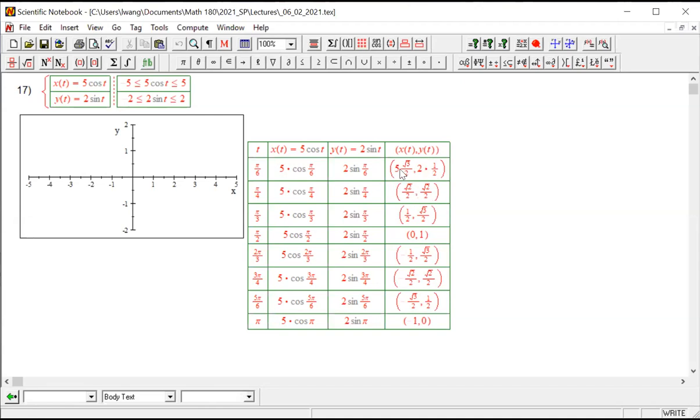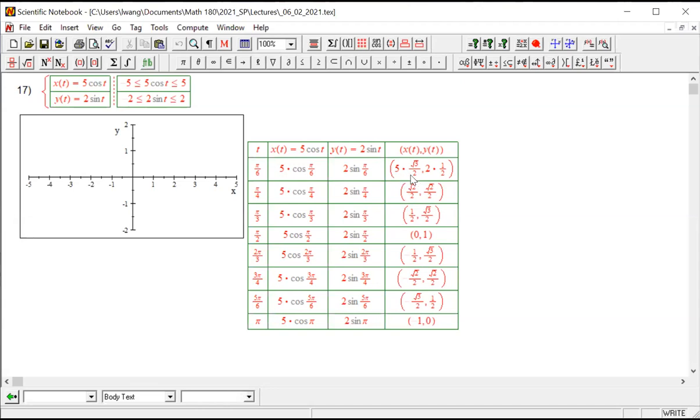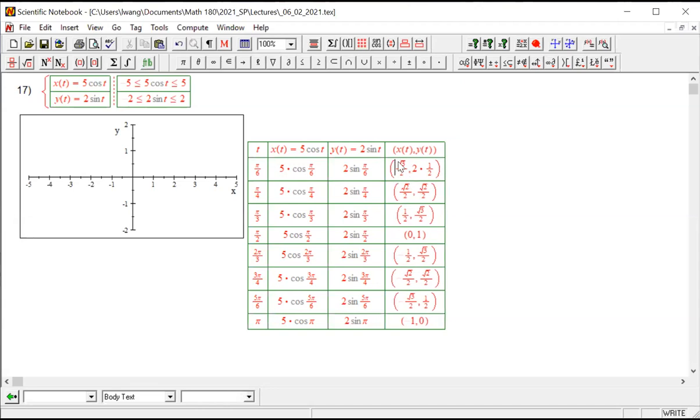So you can just put them in place. This is going to be 5, and this is going to be 1, and this is going to be 5 times, and this is going to be 2 times, so that you just have root 2 left.